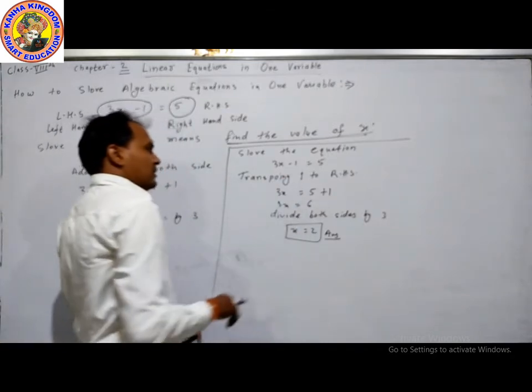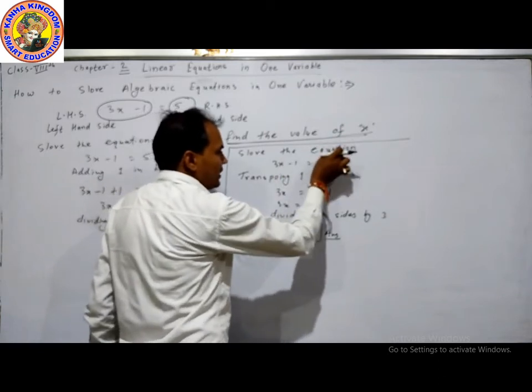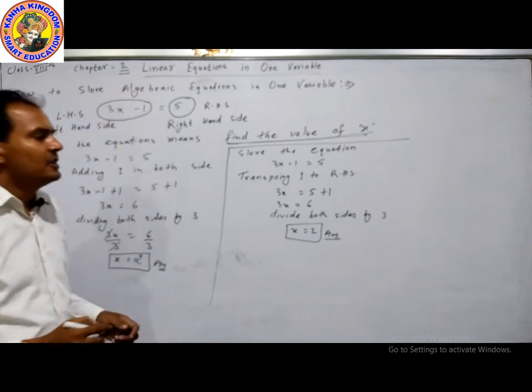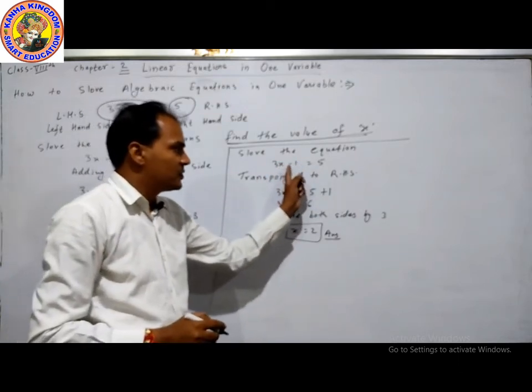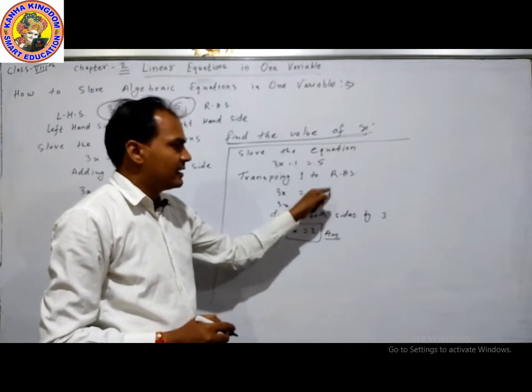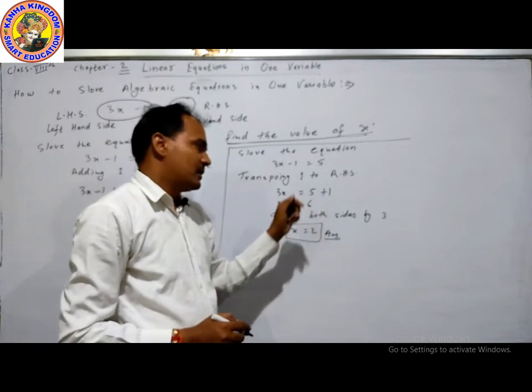Or in this example, we can transpose 1 into right hand side. When we transposing any number, we have to change the sign of number. This is minus, then right hand side this will be plus 1.